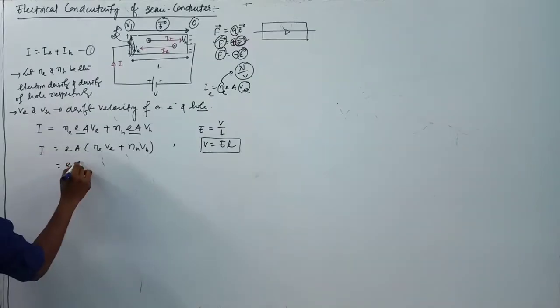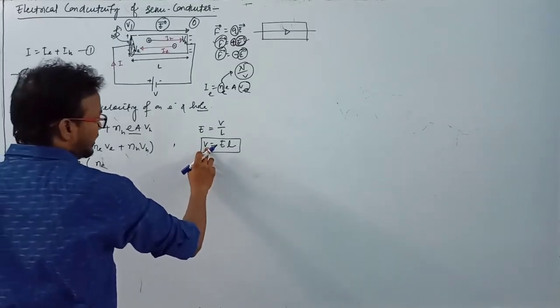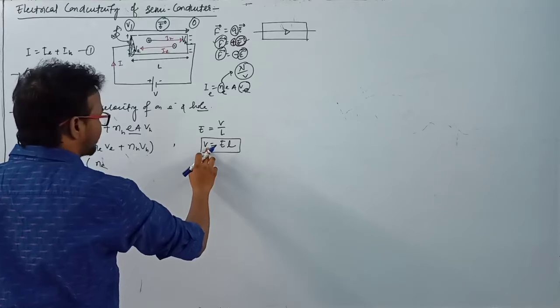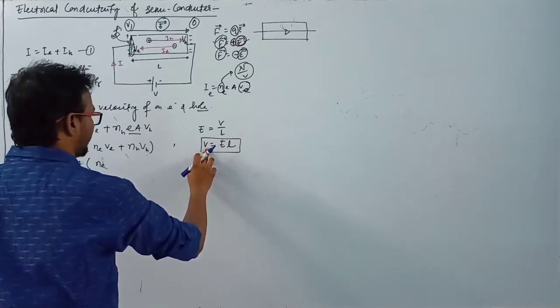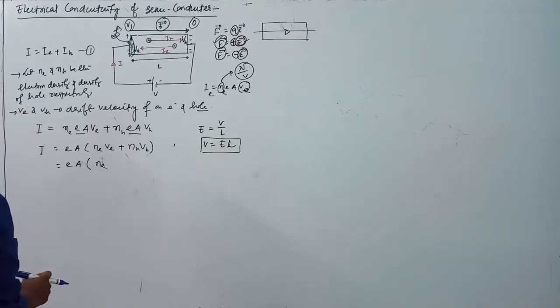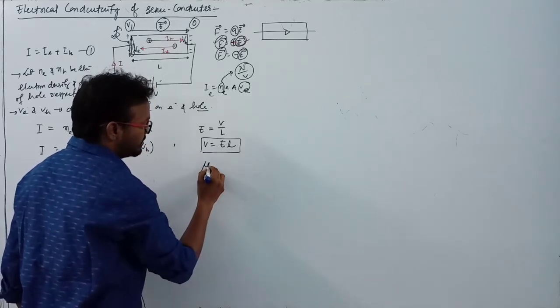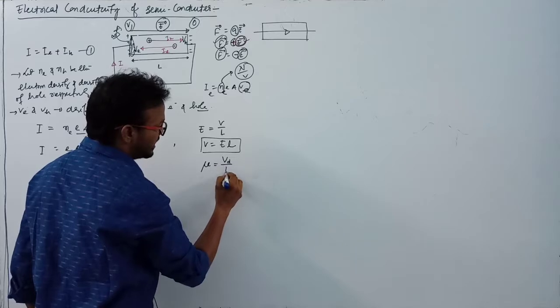So you can write here EA into NE, and here V. And the mobility of a charge carrier, you already know, is represented by mu equal to drift velocity divided by electric field.